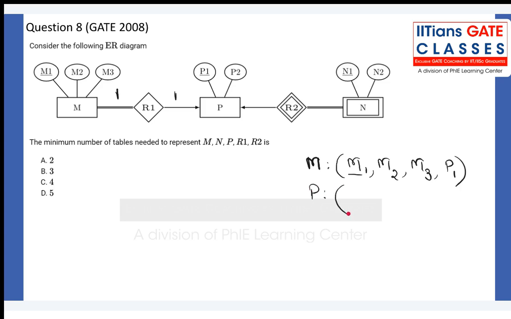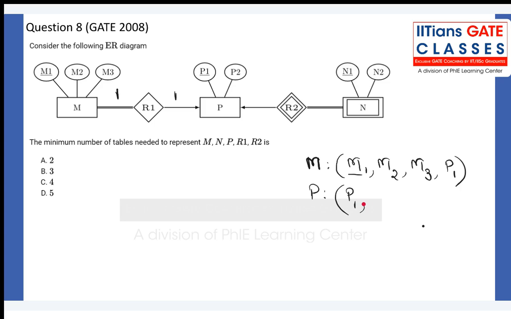One is P1, its own key attribute. What is another attribute of P? It's given in the diagram. P2 is another attribute.